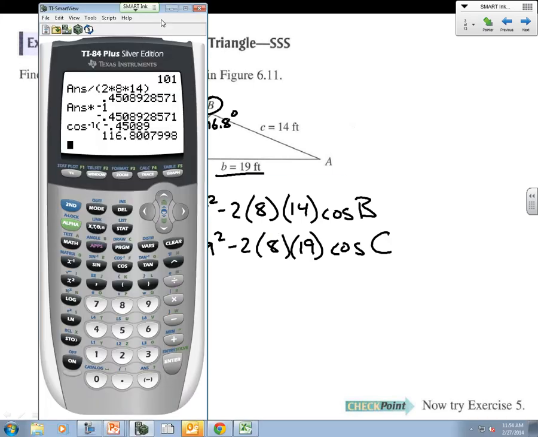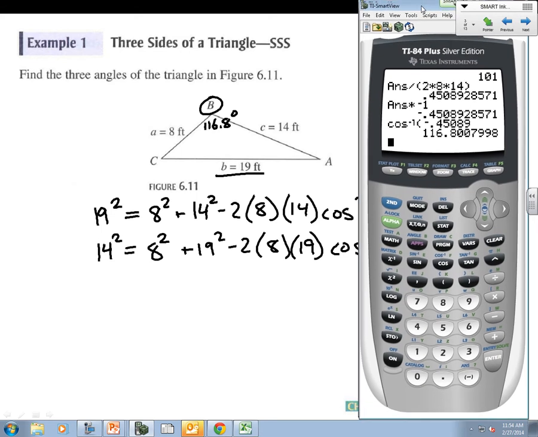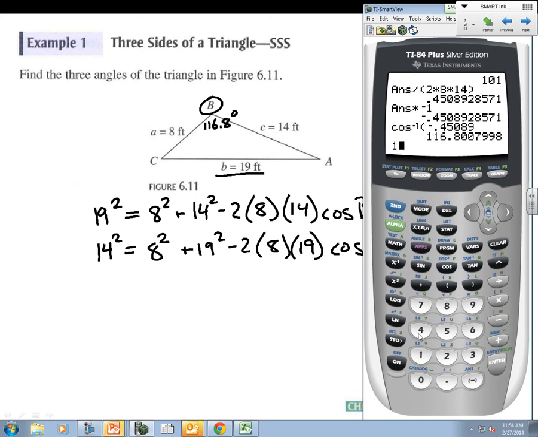Back to the calculator we go. And so we'll start with 14 squared minus 8 squared minus 19 squared divided by negative 2 times 8 times 19.